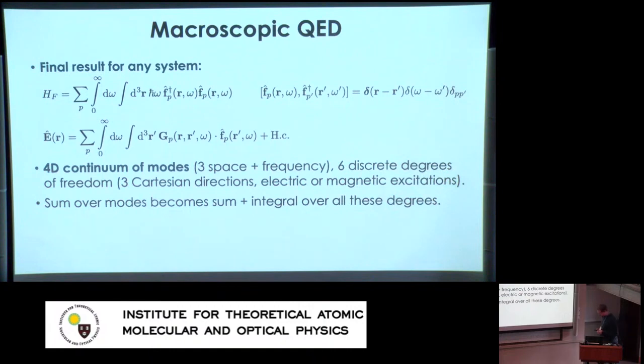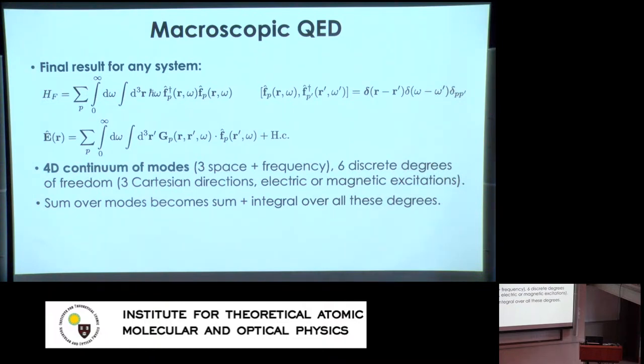Yes? In what respect is this QED? Because I've quantized the electromagnetic field. No, it's the Coulomb interaction we know is QED, but I can, from purely classical arguments, get the Coulomb interaction. Sure, no, but here I do have the full electromagnetic field of free space plus the material.